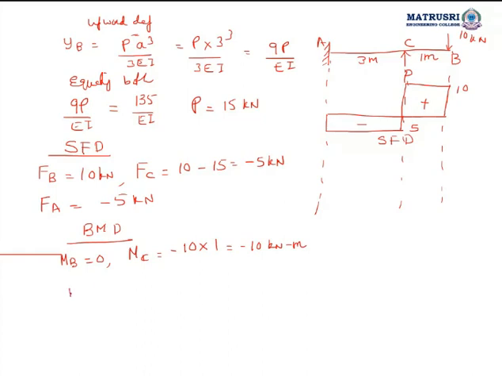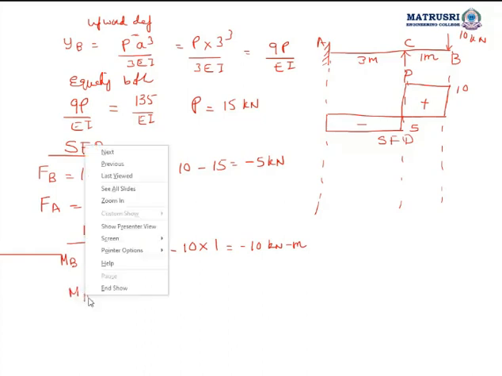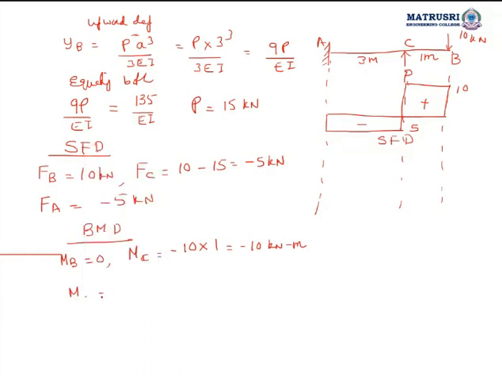Then we go for the moment about A. 10 into 4 clockwise, so minus 10 into 4. Then P into 3 anti-clockwise, so plus P into 3. So substitute the value of P: 45 minus 40, that is 5. So 5 kilonewton meter.